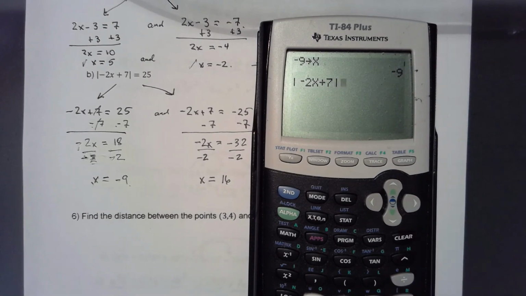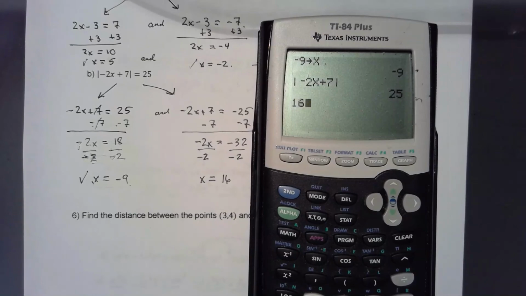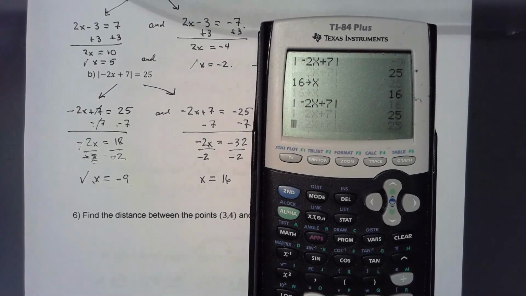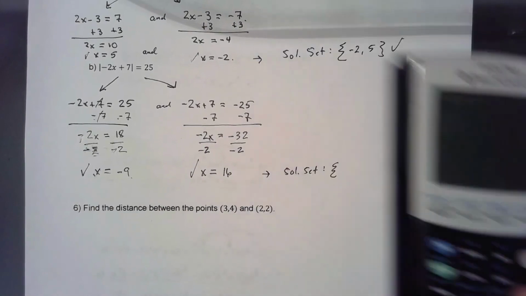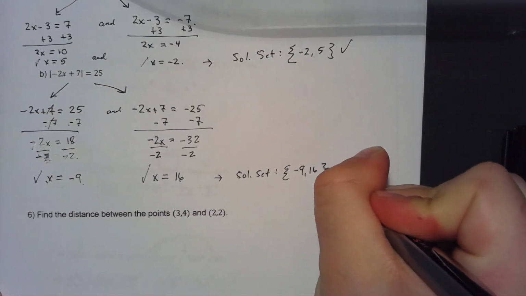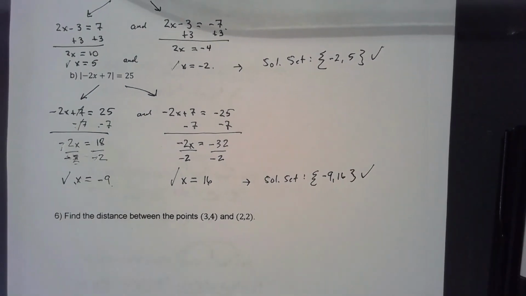Hit enter and I get 25. Beautiful. The next value is 16. Store that in x. Type in the original equation. Second enter, hit enter again, and I get 25. That works too. Beautiful. So my solution set is -9, 16. Sorry about that. I got a little ahead of myself.